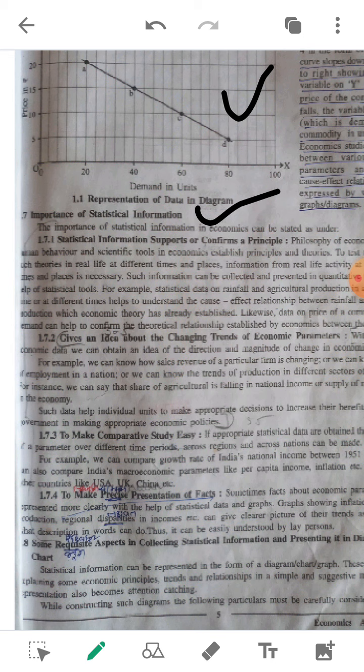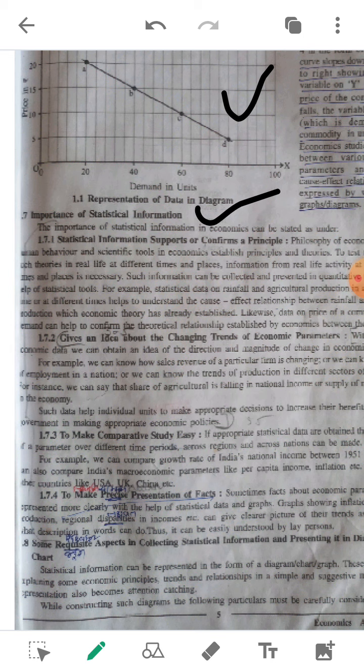Thus, it can be easily understood by a lay person. So, these are the benefits of statistical information. By that, different kinds of principles are generated and different kinds of policies are formed by the government.